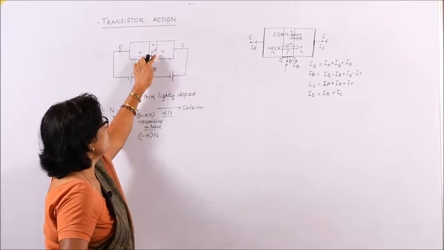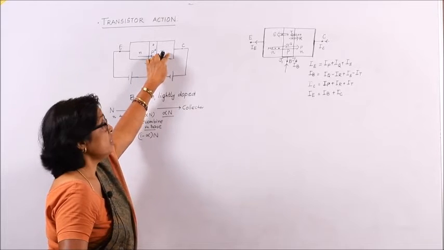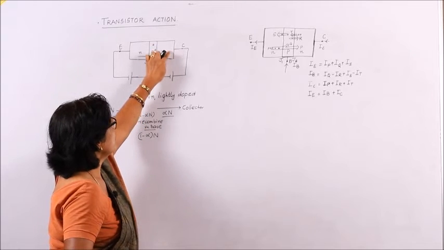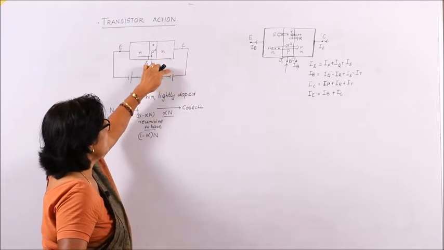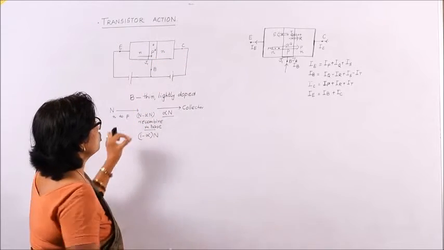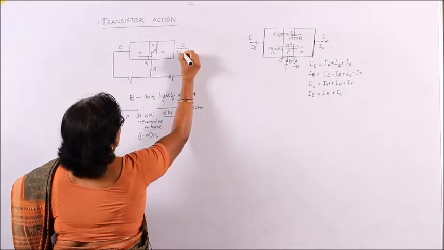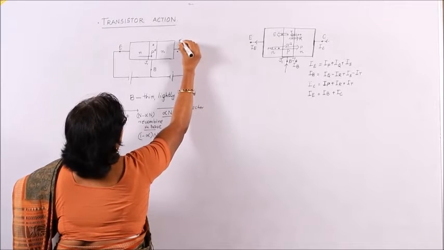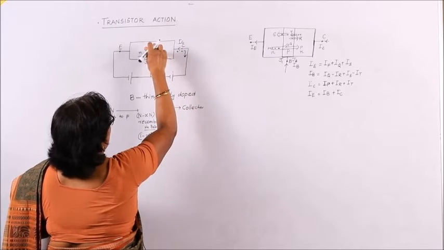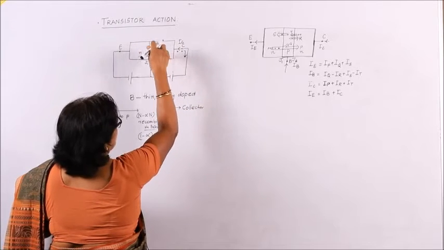So, the electrons will quickly go to the collector, and hence these electrons will come back in the external circuit, and if electrons are going in this external circuit, the collector current will be like this. Similarly, here electrons are coming from here to here and recombining.